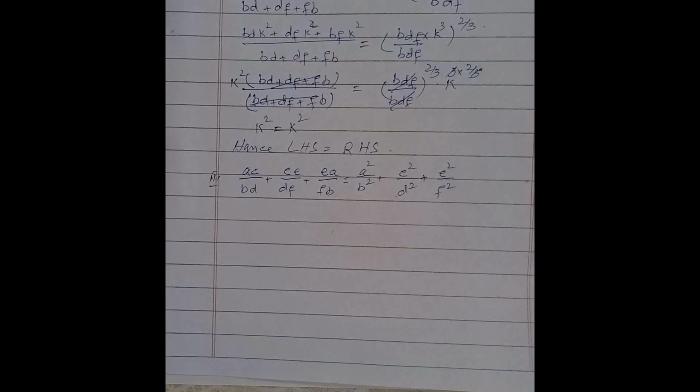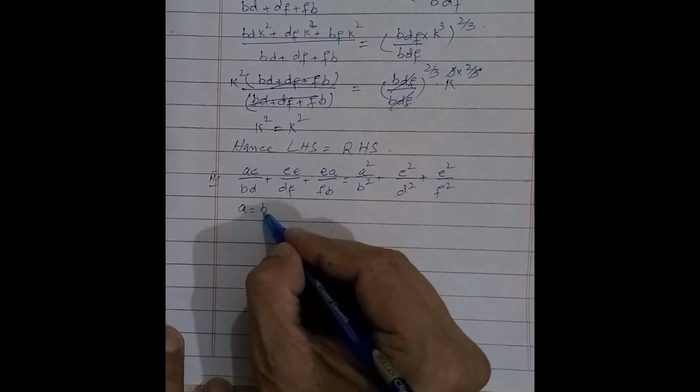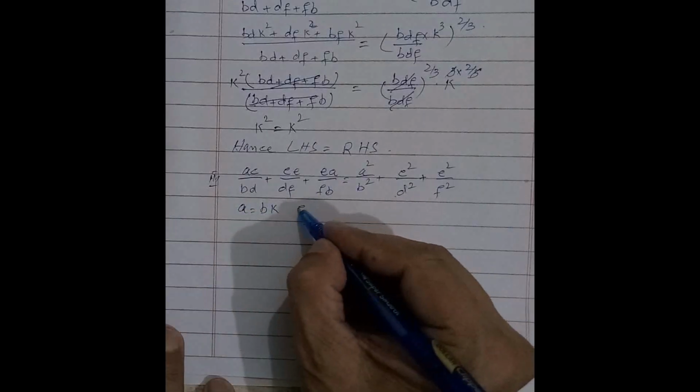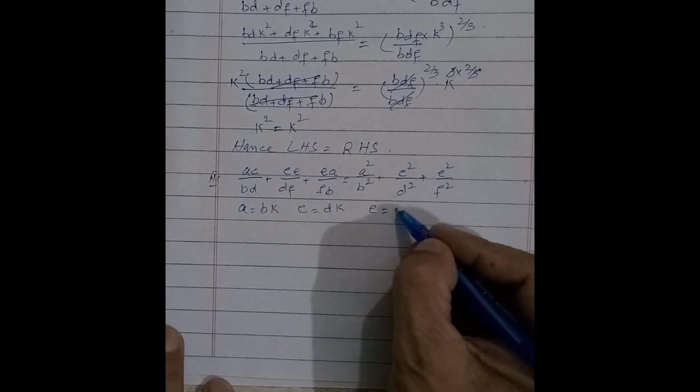Here we also put the values of A, C and E, which is A is equal to BK, C is equal to DK, E is equal to FK.